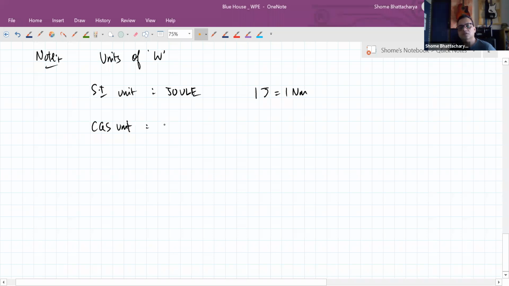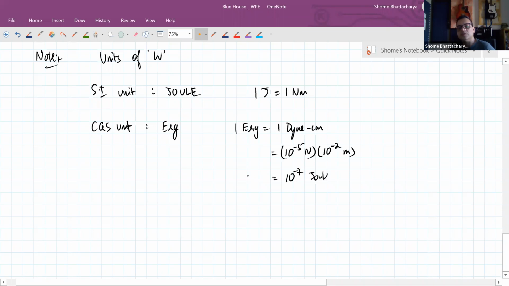It is called erg. 1 erg is equal to 1 dyne centimeter. Dyne, as you know, is 10 raised to minus 5 Newton, and centimeter is 10 raised to minus 2 meter. So that makes it 10 raised to minus 7 joules. So that is the relationship between the CGS unit erg and the SI unit joule.